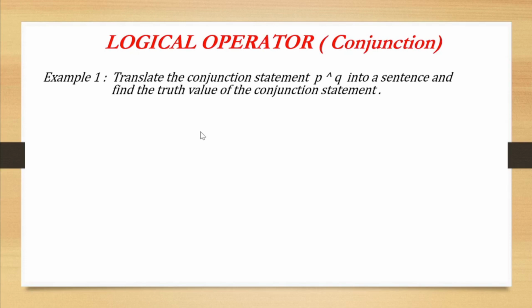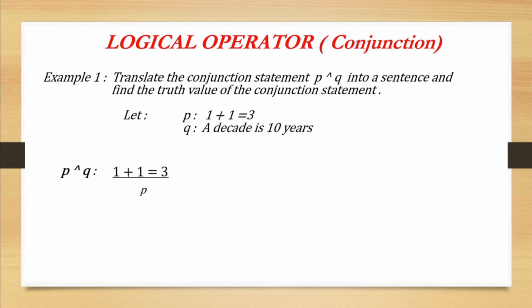Example number 1. Translate the conjunction statement P and Q into a sentence and find the truth value of the conjunction statement. Let P be the statement 1 plus 1 is equal to 3, and let Q be the statement a decade is 10 years. Okay, what are we going to do?